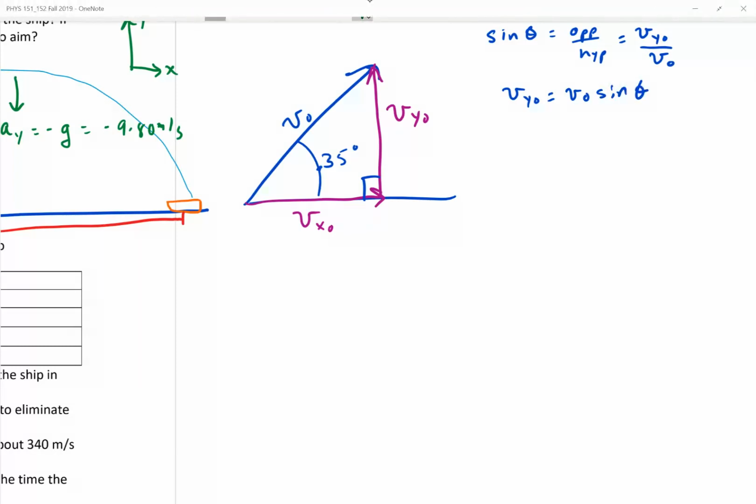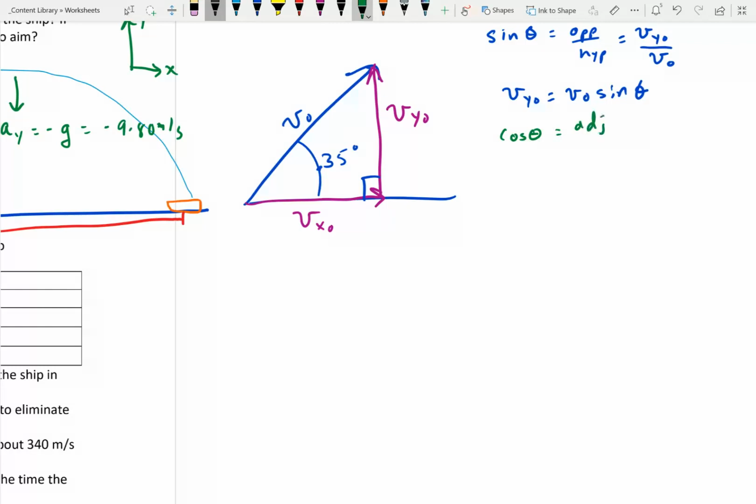Now if I do essentially the same work for cosine, cosine theta is adjacent over hypotenuse. So the adjacent side, the one that's participating in making my angle of 35 degrees, is Vx0 divided by the hypotenuse V0. So that gives me Vx0 is equal to V0 cosine theta.